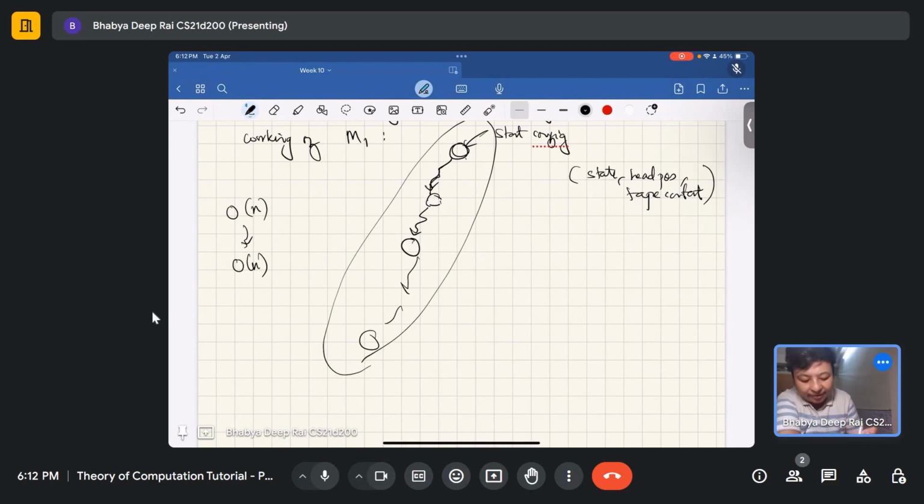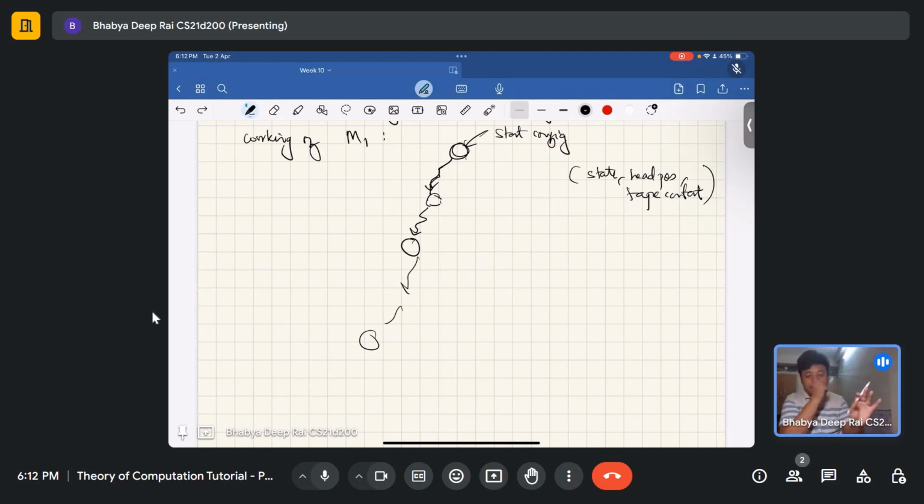But this is not how it may always behave, right? My machine may not always behave this way in a very deterministic fashion. It may move in a highly non-deterministic fashion, by which I mean on every step of the Turing machine, it's making non-deterministic guesses.